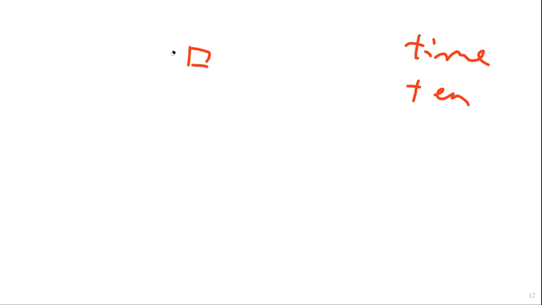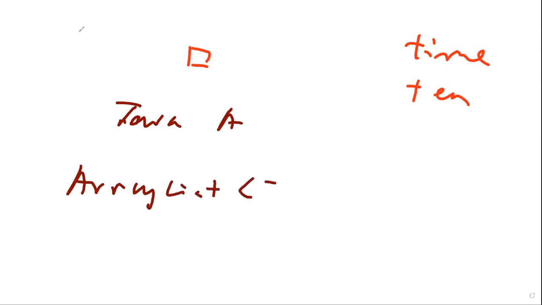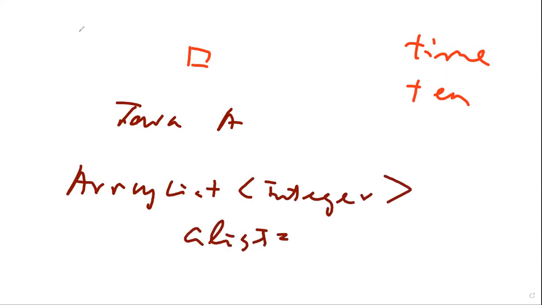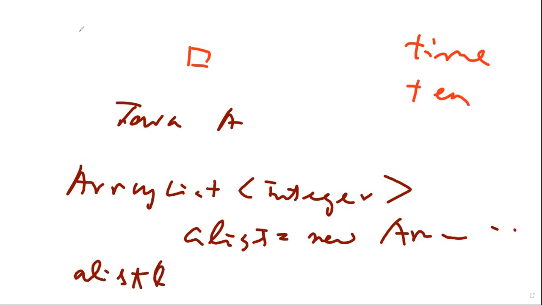Remember that you have a Java ArrayList, right? Say you have an ArrayList of integer, and then a list equals new ArrayList. And then you say list.add, you add something. So you add a, then add b, then add c.